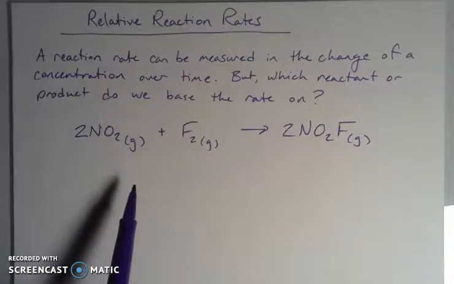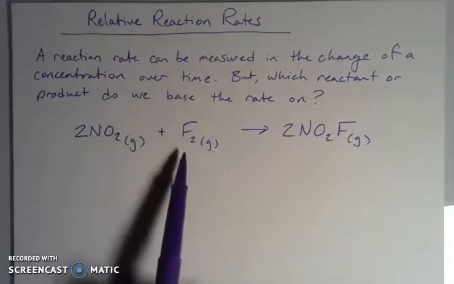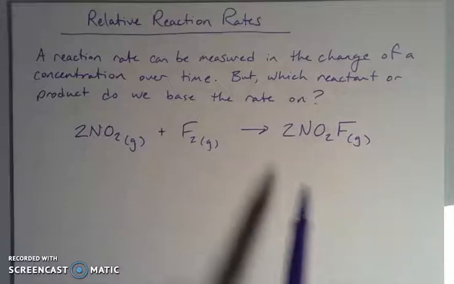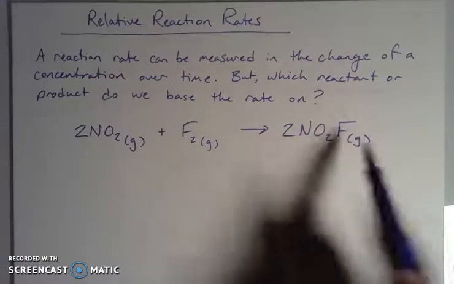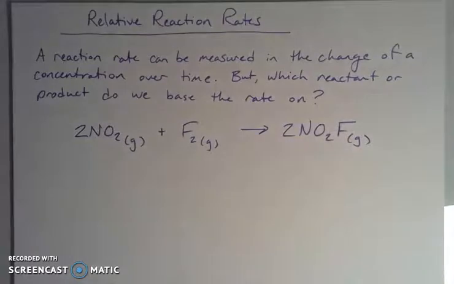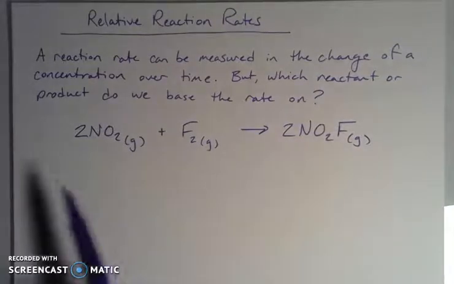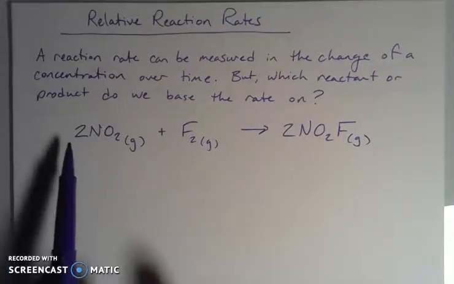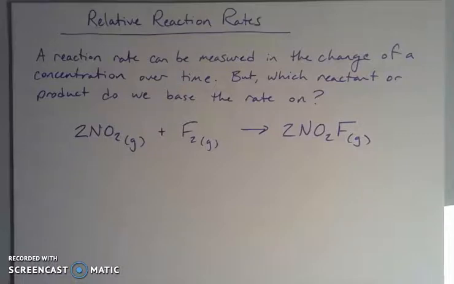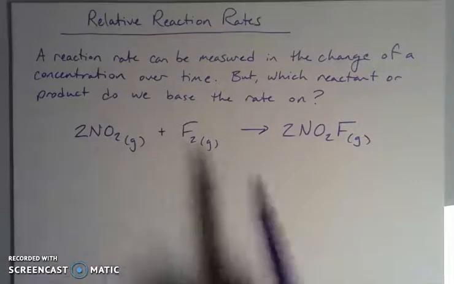So if we think about a chemical process here, we have reactants. I have two of my nitrogen dioxides reacting with one of my fluorine molecules to give me two of my nitrogen dioxide monofluorides. If I look at this from a molar quantity standpoint, the reason that we balance these coefficients out front in our balanced chemical equation is to give us these molar ratios.